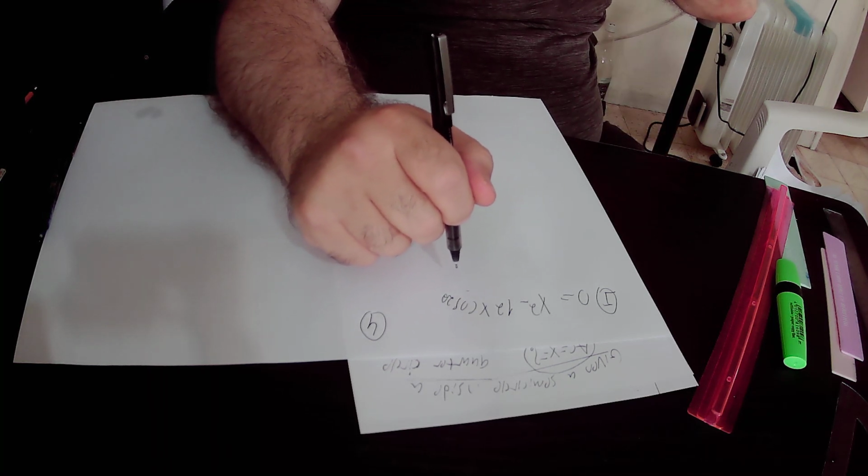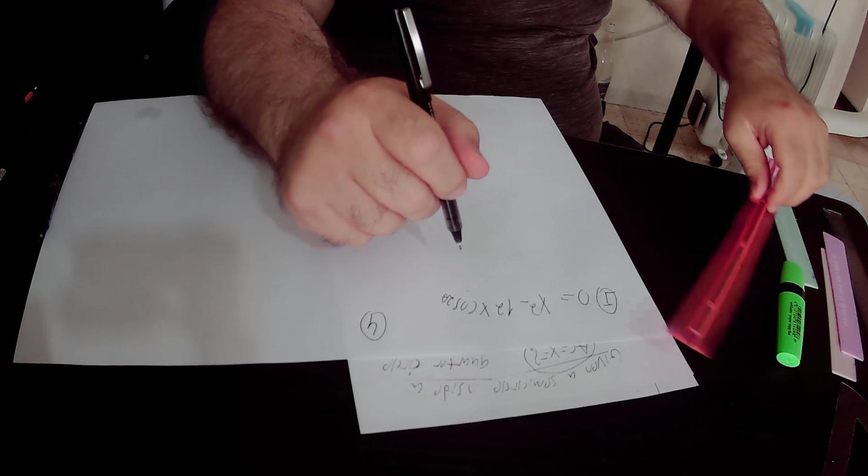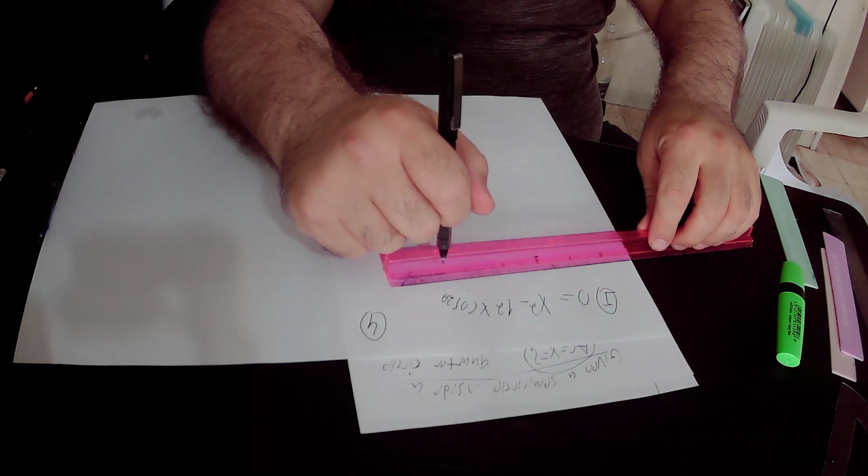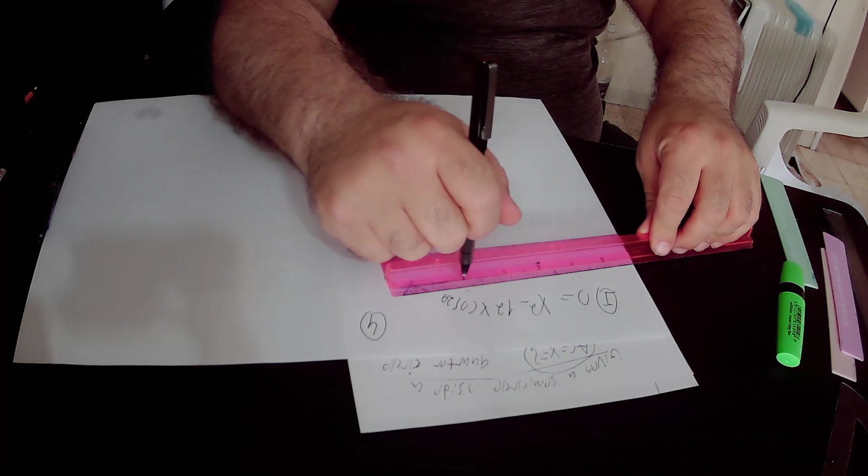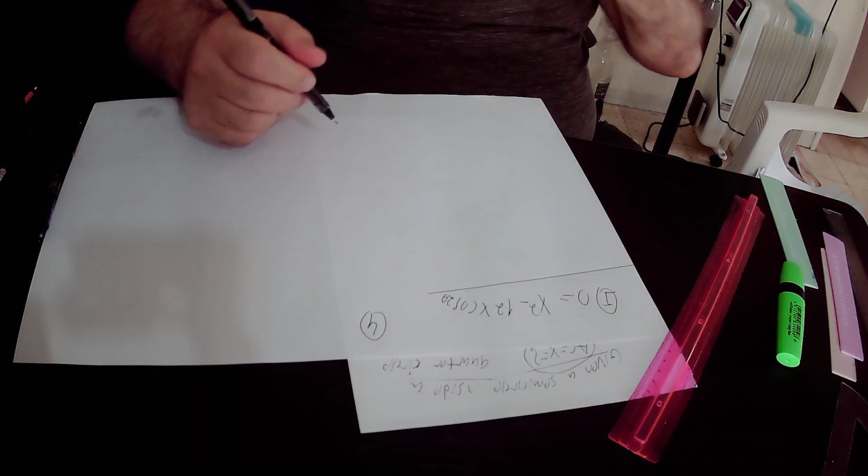Okay, so according to equation number 1, 0 equals x squared minus 12x times cosine 2 theta.